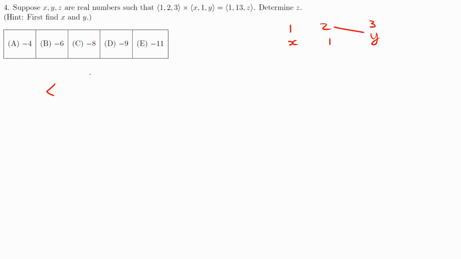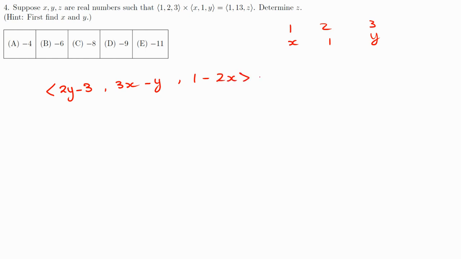So 2 times y minus 3 times 1, and then x times 3 minus 1 times y, and then lastly 1 times 1 minus 2 times x.